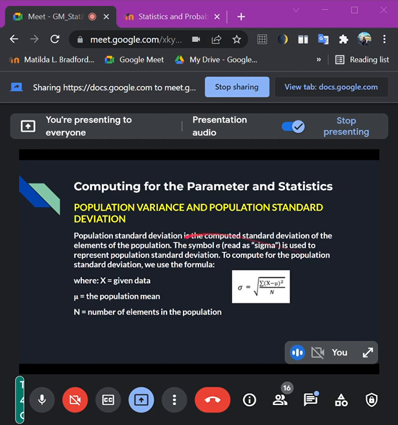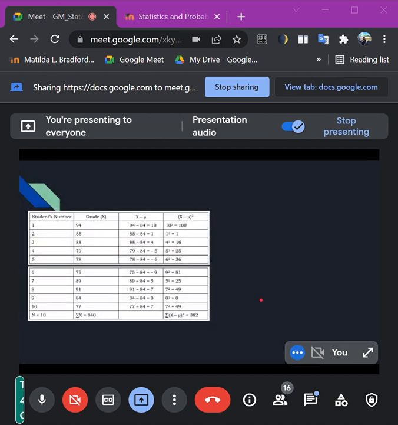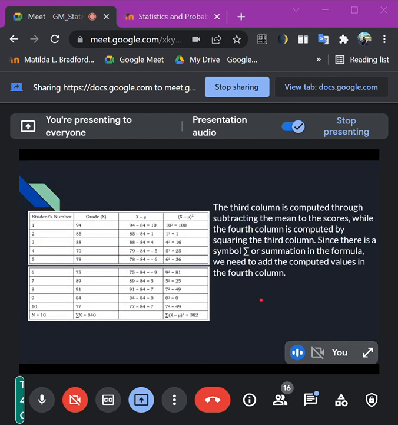So it is used to represent population standard deviation, or simply we take the square root of the variance. Our variance earlier was sigma squared, so for the standard deviation we just take the square root, so that the square cancels, and we put a square root over the whole expression. Okay?